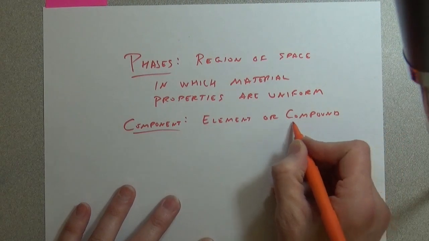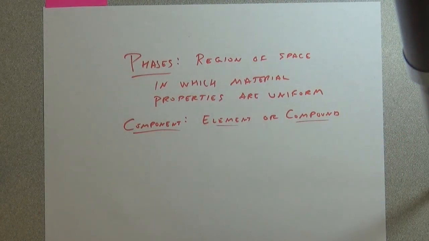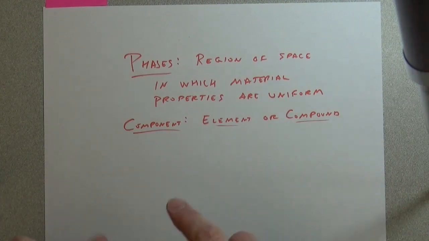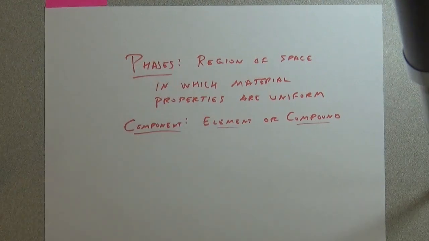And these elements and compounds are what constitutes the material system. So there's a material system that you put different components in, and then based on thermodynamics, they establish a certain set of phases that make up the microstructure.